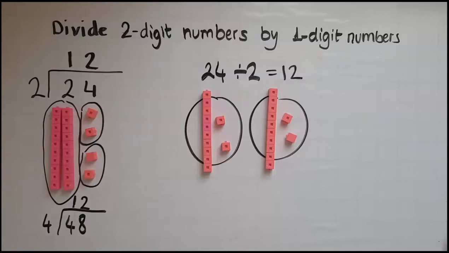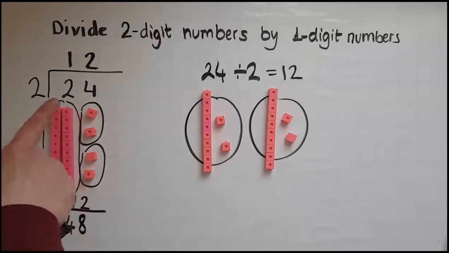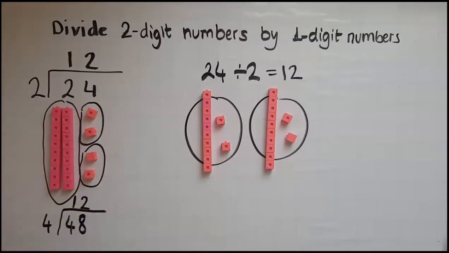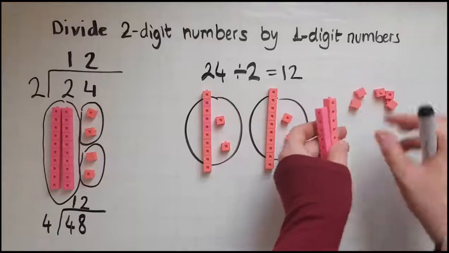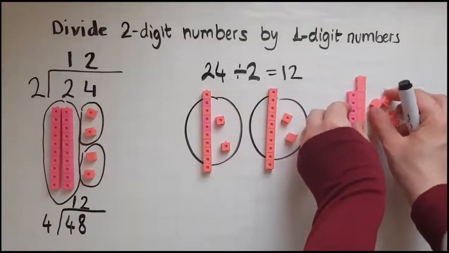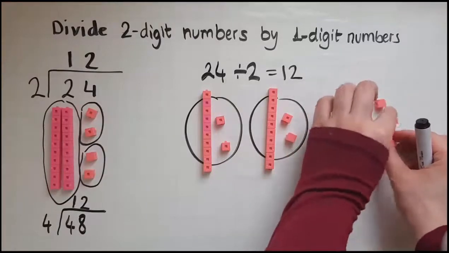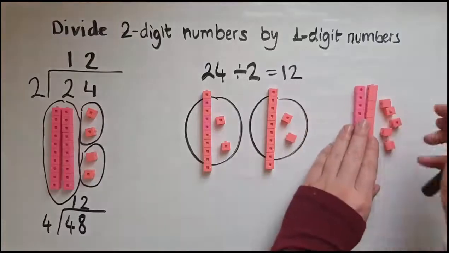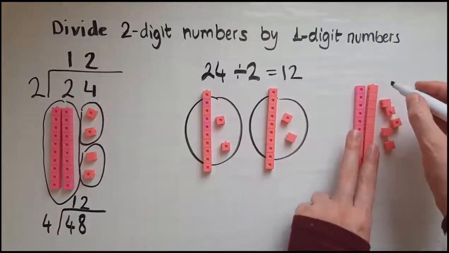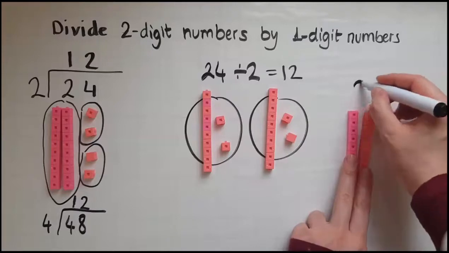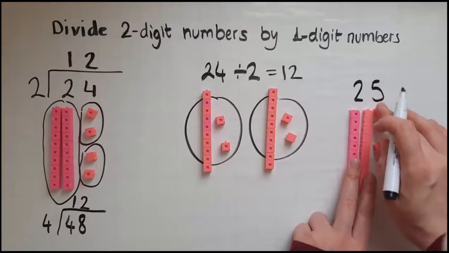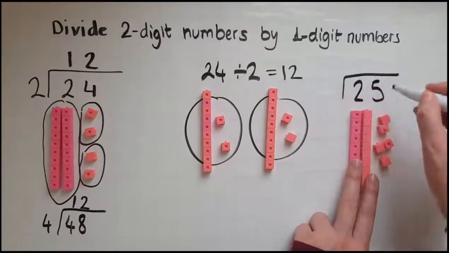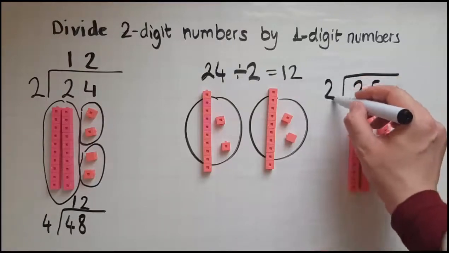Let's have a look. So now instead of 24, I'll get 25. So I've got 25 divided by 2.